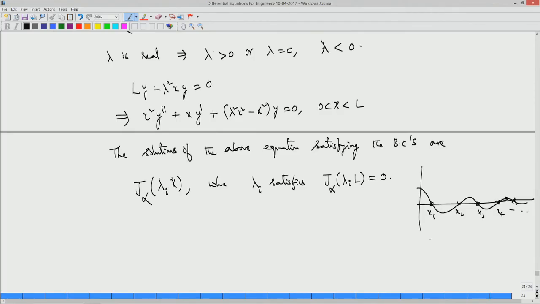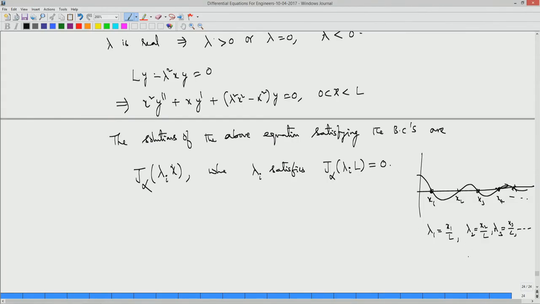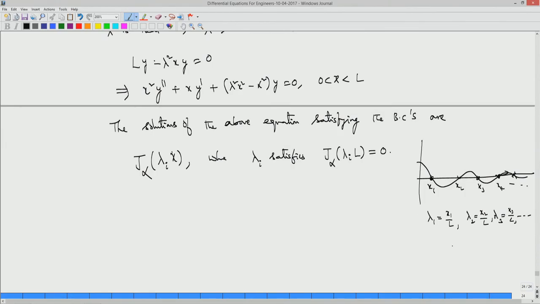So you can choose your lambda 1 as x1 by L, lambda 2 is x2 by L, lambda 3 is x3 by L and so on. So all these lambda i's are nothing but roots of J alpha divided by L. L is a fixed, finite number in the domain.